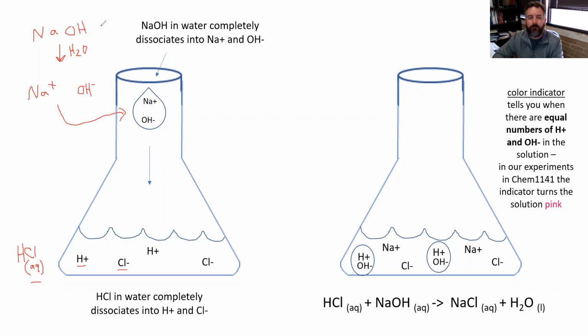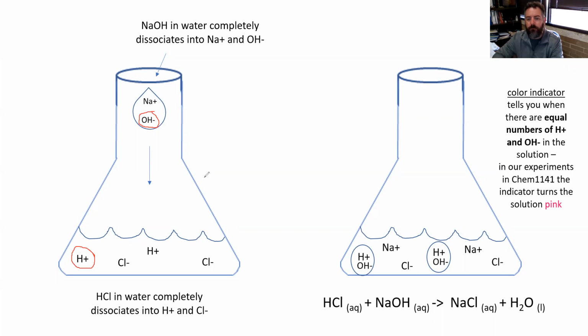So I have this aqueous solution of sodium hydroxide, and I'm going to mix that with an aqueous solution of hydrochloric acid. What's going to happen is the hydroxides in the sodium hydroxide solution are going to come in contact with these protons, or H plus ions, from hydrochloric acid.